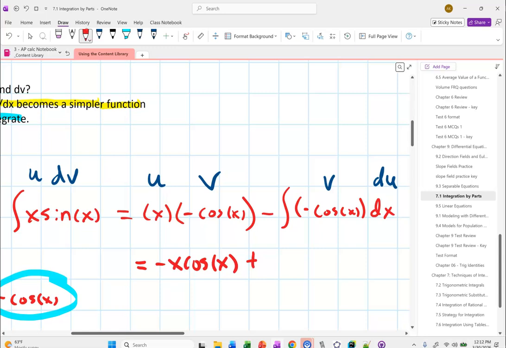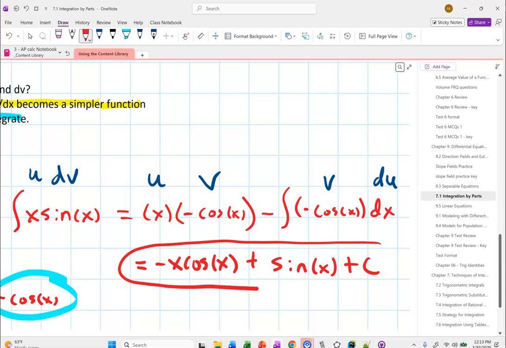Okay, and then the minus, the negative makes a plus. What's the antiderivative of cosine? Sine. And then because this is an indefinite integral, it just needs the plus c at the end. And that's all she wrote.